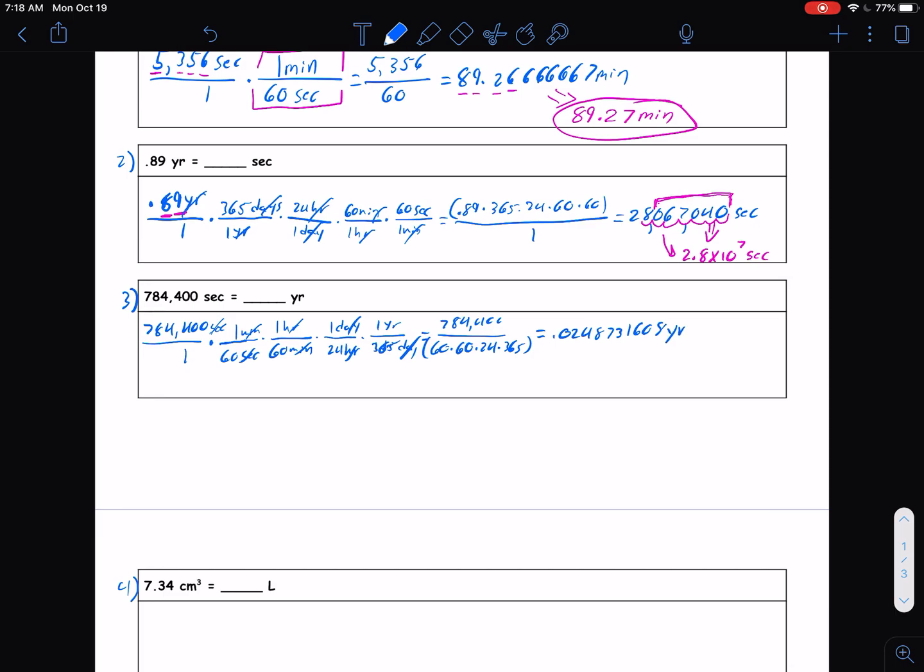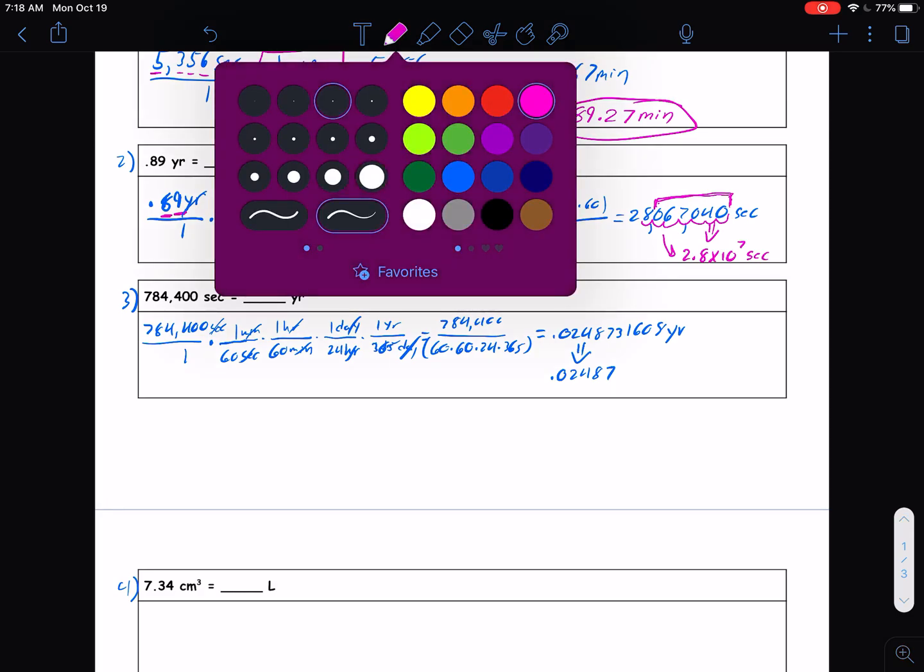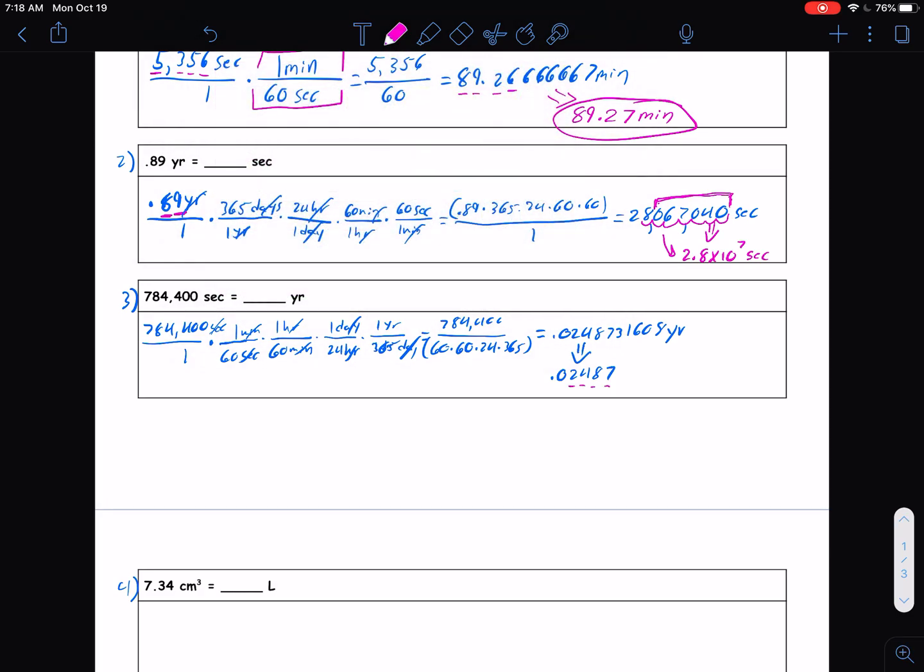When we round it at the proper number of sig figs, though, it comes out to be 0.02487. Reason being, 1, 2, 3, 4 sig figs. These are not significant because they are trailing zeros.